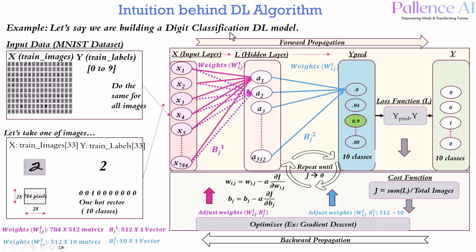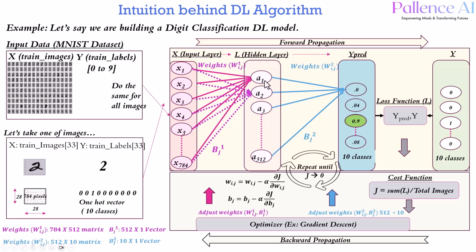At the beginning, the algorithm randomly initializes the weights. Take the first set of randomly initialized weights, the pink weights. We use x1 to x8, the 784 pixel values, and compute the outputs in the hidden layer, A1 to A512.